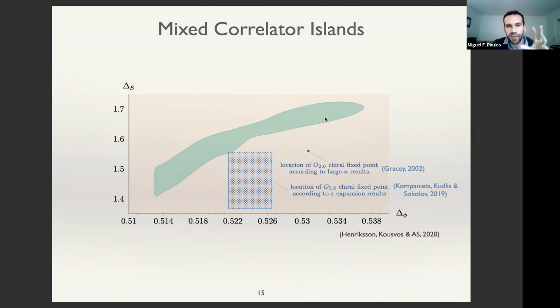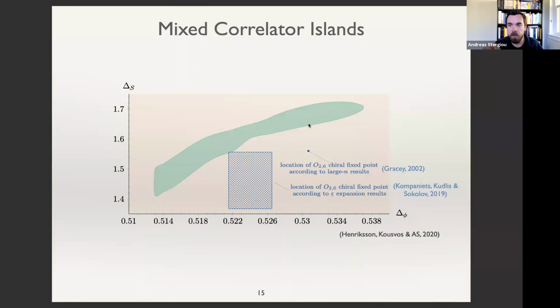How does this tension, as you call it, change with your assumptions? You get this island, you made some assumptions. Yeah, the assumptions are very mild here. We just assumed that the second singlet, since it's the chiral fixed point we're looking at, should be above marginality, and we just assume that there is a current. One of the two currents is there, and there's a small gap above one of the two currents.